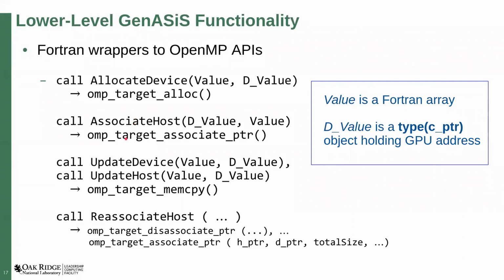Associate host is just our interface to omp_target_associate_ptr, which basically explicitly tells you how the mapping is done. And update device and update host are our wrappers to omp_target_memcpy. And reassociate host is really you disassociate the pointer and then you associate it in a different way.